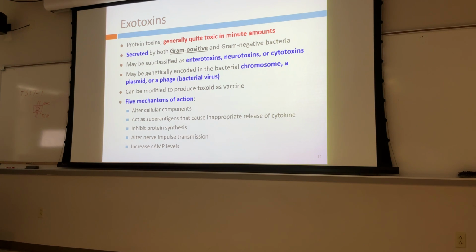Phage, this is when it gets a little bit more interesting. There are some pathogens that we'll talk about as we go throughout here whose main virulence factor, sometimes their only virulence factor, is from a bacteriophage, a bacterial virus, infecting them. If you have a strain of that bacterium that was never infected with that bacteriophage, it doesn't cause the disease process.